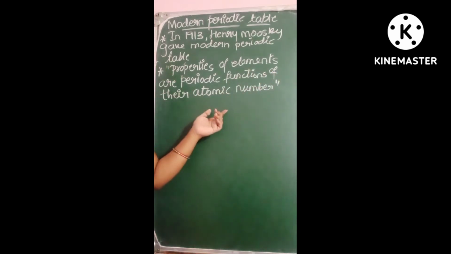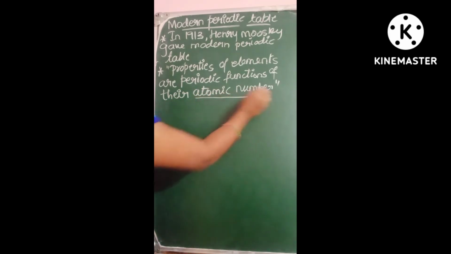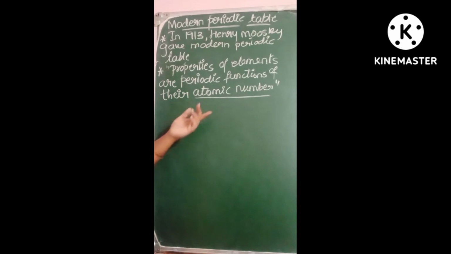From this we can say that his classification was based on atomic number, because he considered atomic number to be a more fundamental property than atomic mass. We call this the modern periodic law.